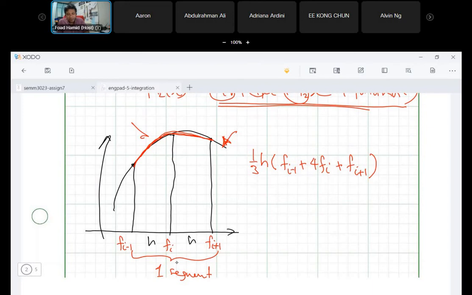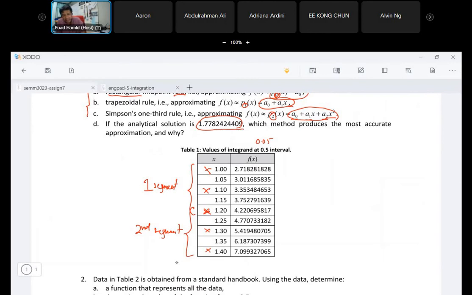Okay, so because it's not enough for the question, you need at least two segments to integrate using Simpson rule. So in this case, this is my f i, this is my f i minus 1, and this is my f i plus 1.